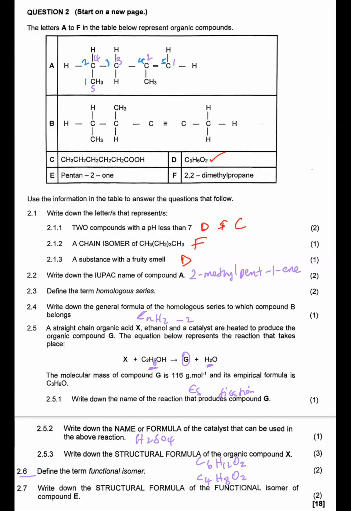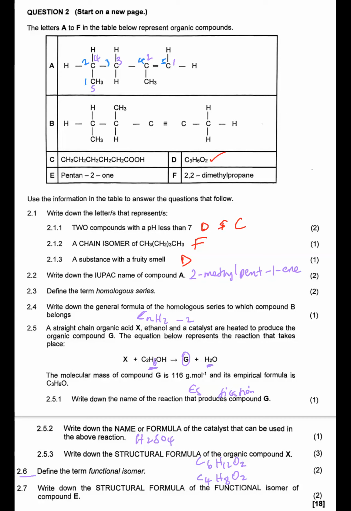Define functional isomer. What is a functional isomer? Organic compounds which have the same molecular formula but different functional groups. Structure of the functional isomer of compound E. Compound E is pentan-2-one.